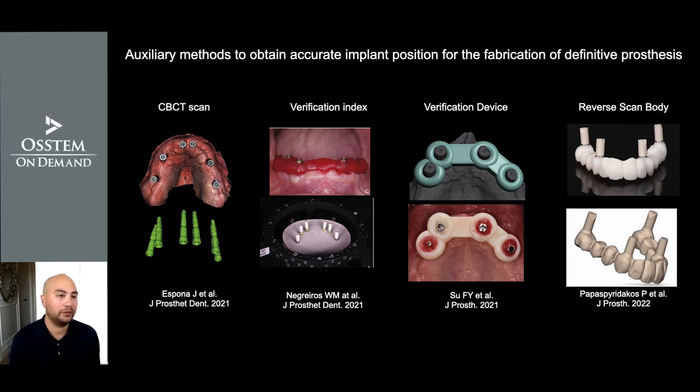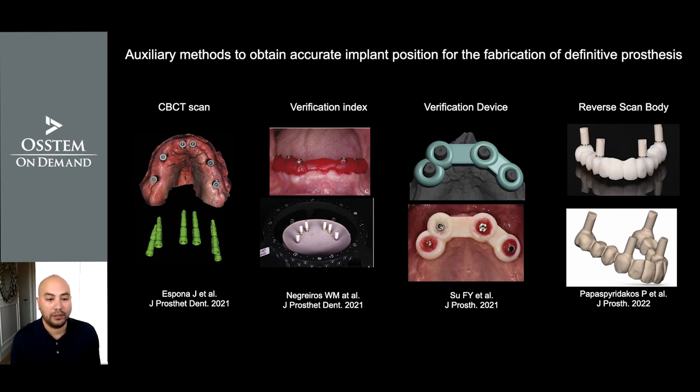We have the utilization of a CT scan, or the creation of a verification index, which is then scanned in the lab. We have the fabrication of a verification device, or the most recent reverse scan body technique, which relies on a clinically passive-fitting internal prosthesis.